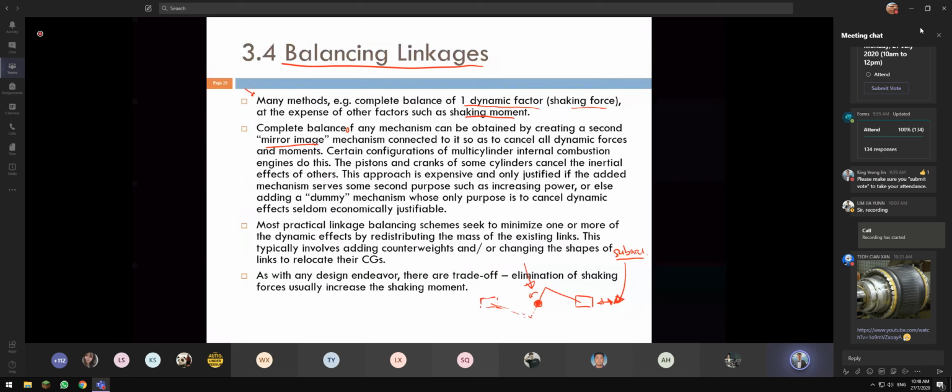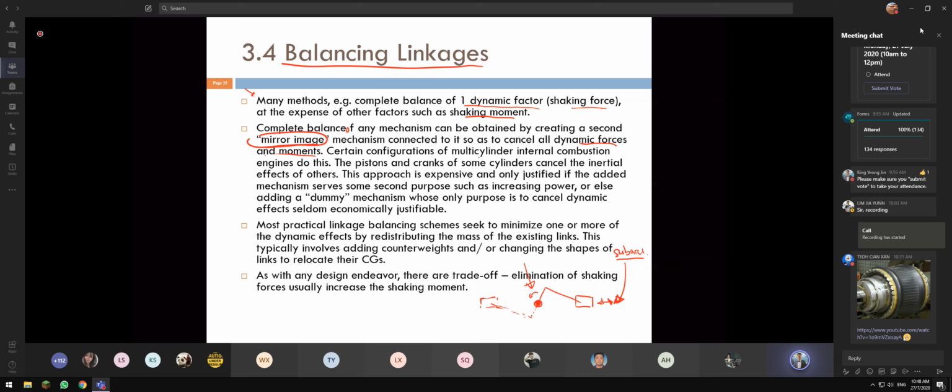They use the opposed engine, and this is one of the main reasons why they keep it. The engine by itself will be naturally balanced in this way. Using this mirror image linkage, it can cancel all the dynamic forces and the moment in the system.